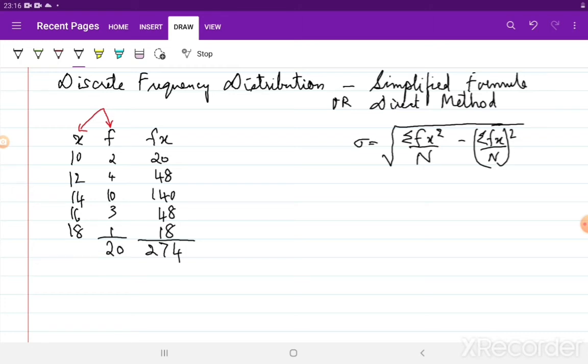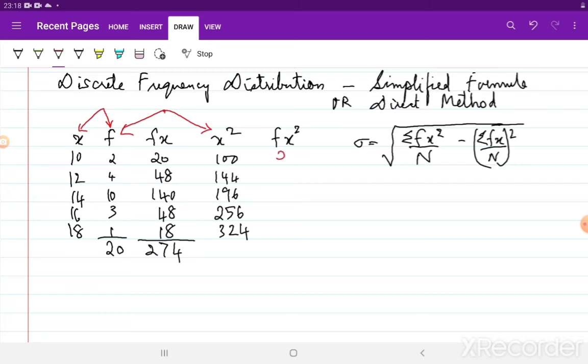Now you also need fx square, so let's just calculate x square. Your x square column reads like this, and then you need f times x square, which is basically these two columns being multiplied.